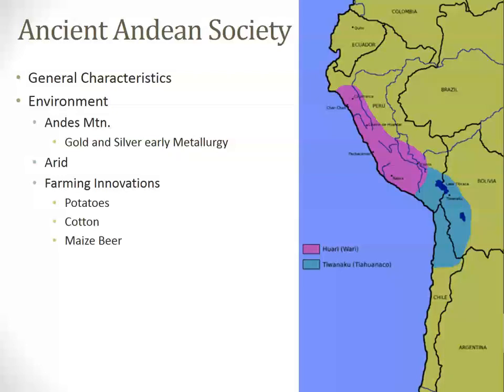The Andes Mountains offered much in the way of gold and silver, which would have been mined by the American people. They dealt with oftentimes an arid environment, and as a result of this, they developed a number of innovative farming techniques themselves. They relied largely on root plants like the potato, which, when the Columbian exchange occurs, will revolutionize the diet of Europeans in the more modern era.